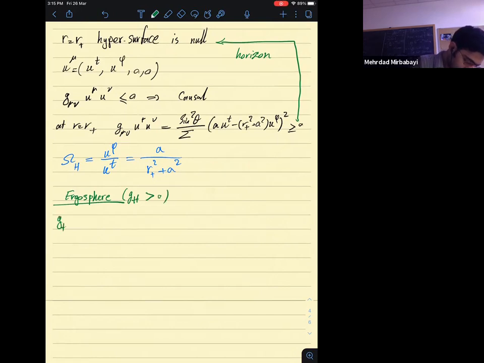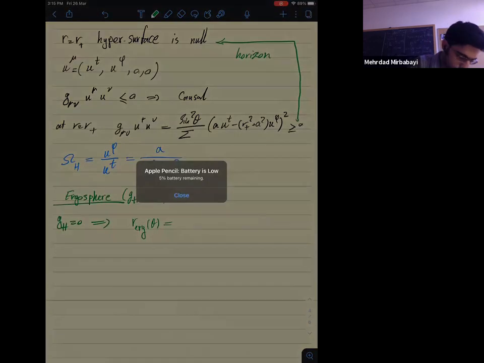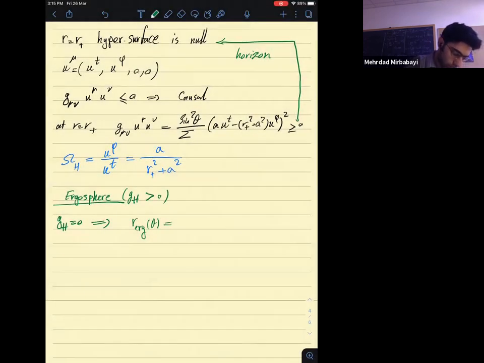So if I set GTT equal to 0, it gives me the following equation: R of the ergosphere, as a function of theta, is equal to GM plus the square root of G squared M squared minus A squared cosine squared of theta.